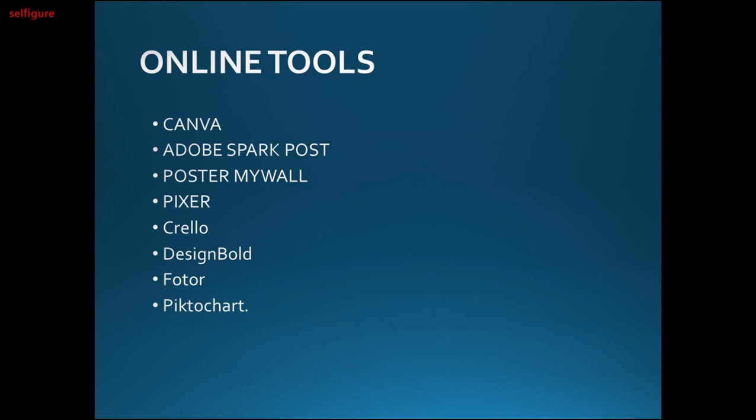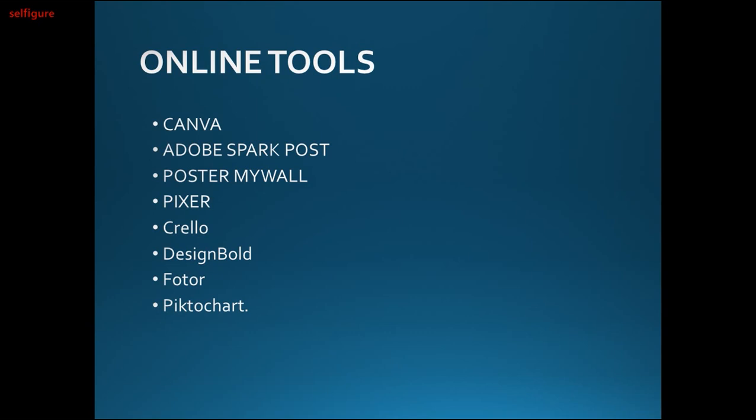So in graphic design, there are two types of tools. There are online tools and offline tools. On the online tools, there's Canva, Adobe Spark Post, Poster MyWall, Pixlr, Design Board, Photo, and Piktochart.